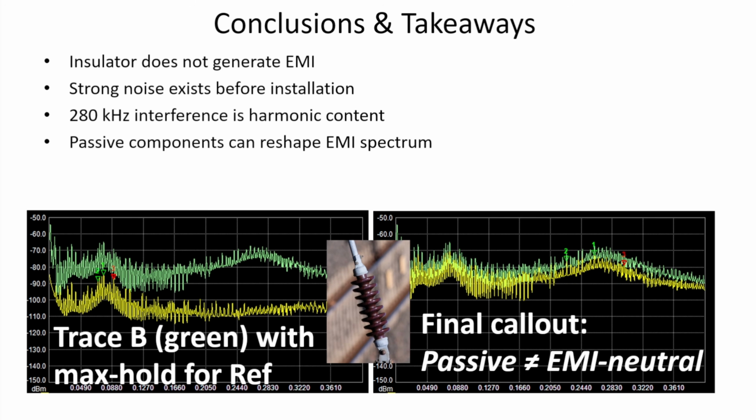The interference observed around 280 kHz after the insulator is most likely harmonic content of the original low-frequency noise. The insulator modifies the coupling and the impedance characteristics of the system, making certain harmonics more observable.